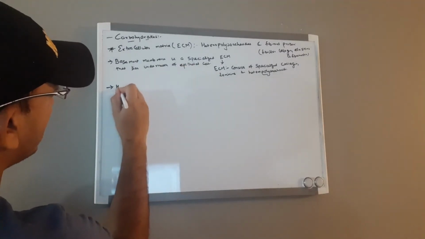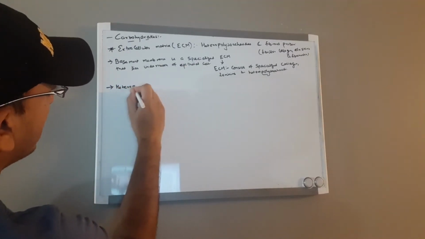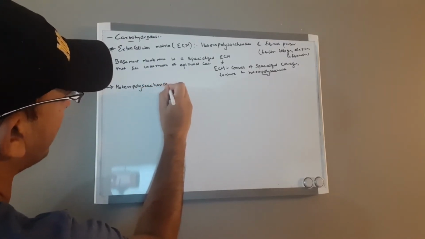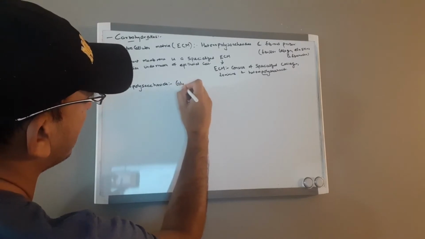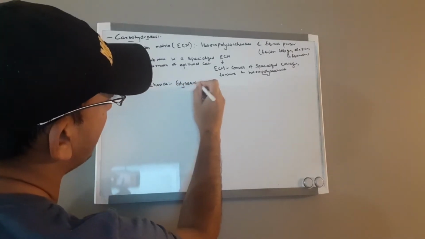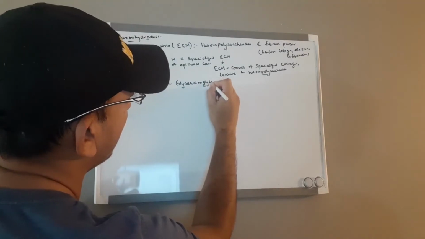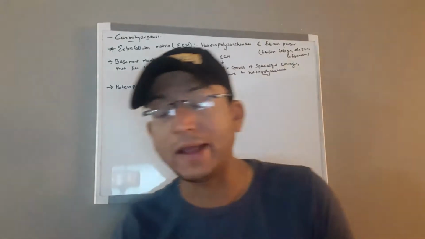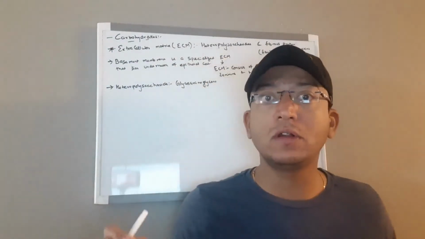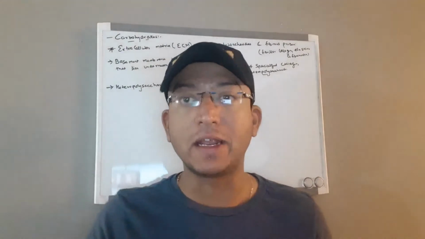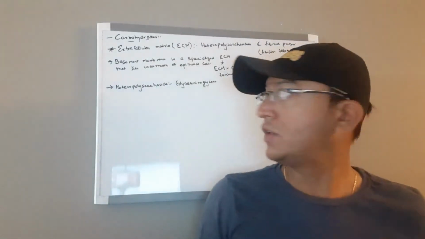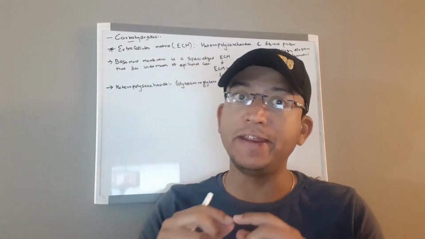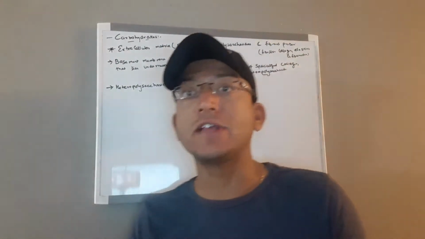The glycosaminoglycans are a family of linear polymers composed of repeating disaccharide units.